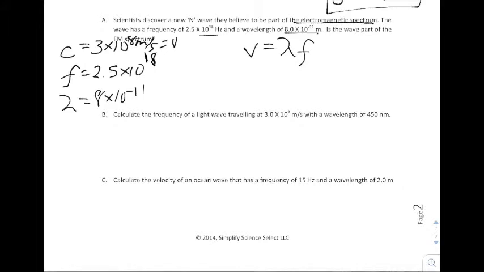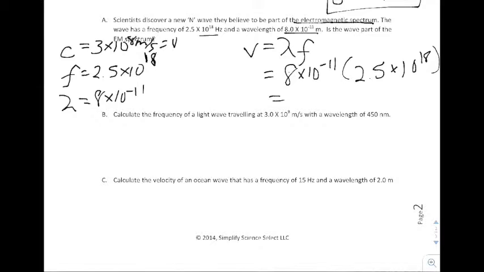When I plug those numbers in, I get 8 times 10 to the negative 11th times 2.5 times 10 to the 18th, and I would multiply those out. And when I multiply those out, I'm going to get actually kind of a strange number.